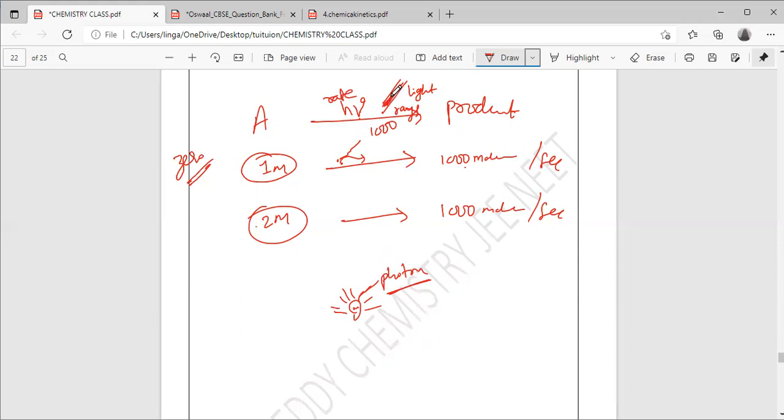So this one photon reacts with only one molecule. How many photons are there here? 1000 photons are falling, so they will react with 1000 molecules.